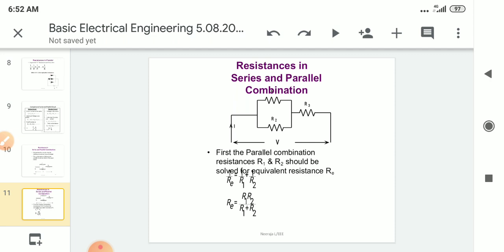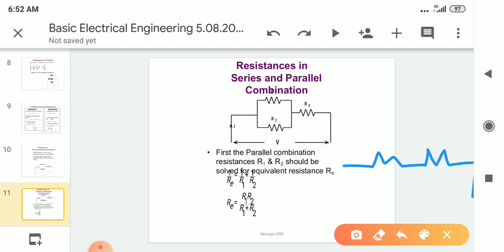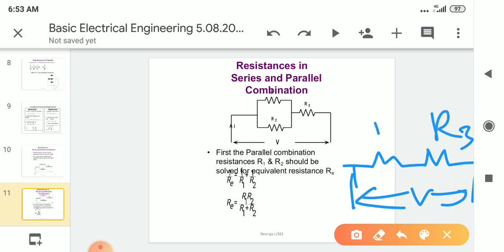Here this is R equivalent. For the first parallel combination, we have to find the equivalent of this pair. What do we do?